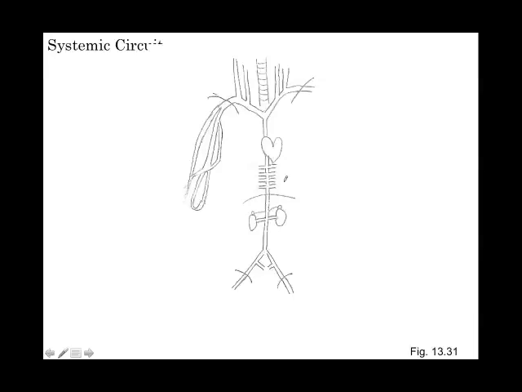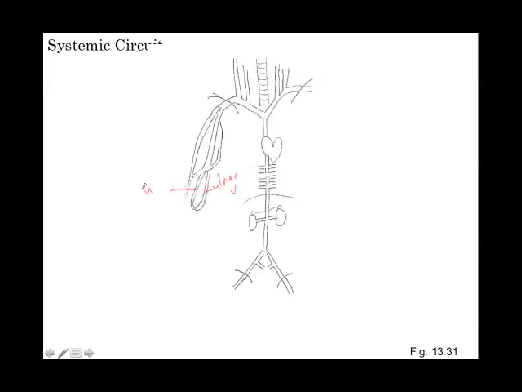Okay, let's focus on the limbs then, and we'll just use the right upper limb here. So what we have here in the limb is these veins are deep. These here are superficial. So deep, this is our ulnar vein.